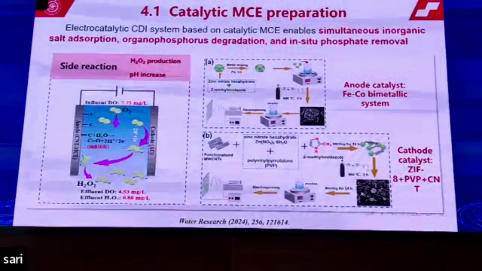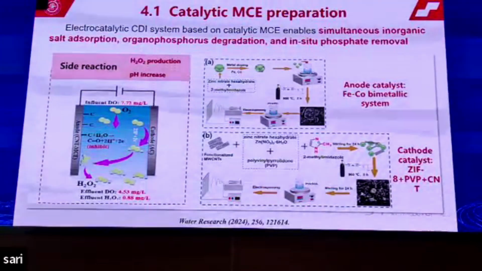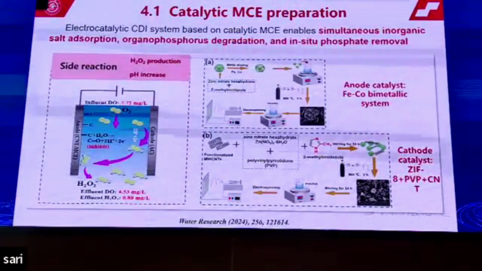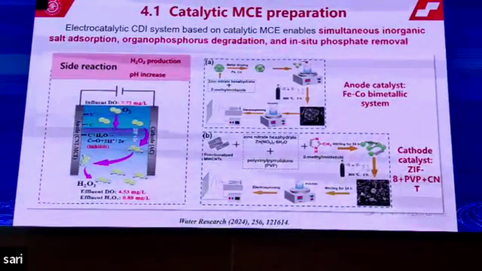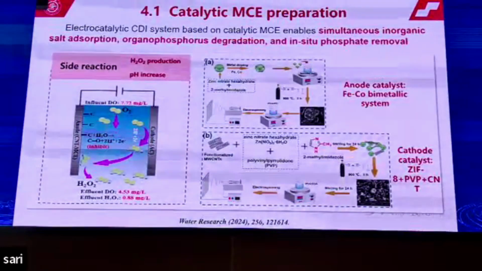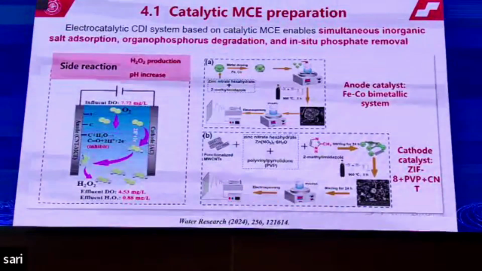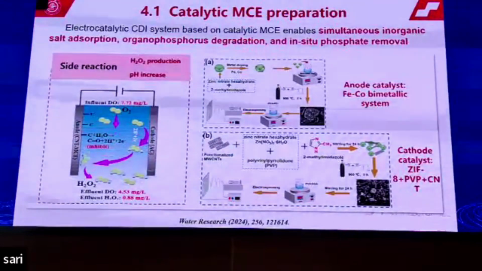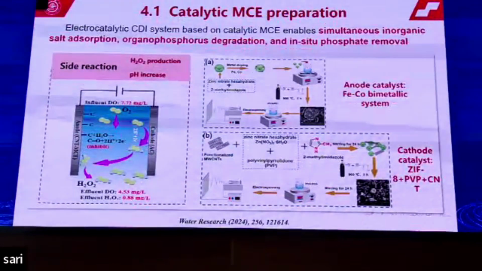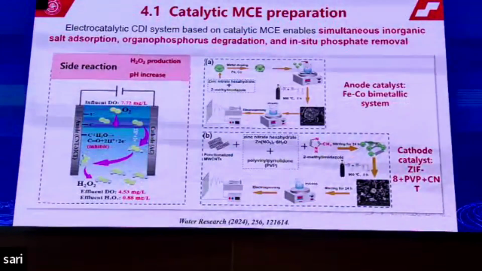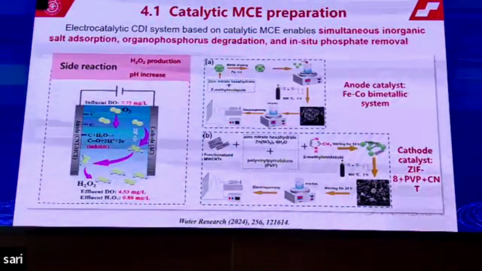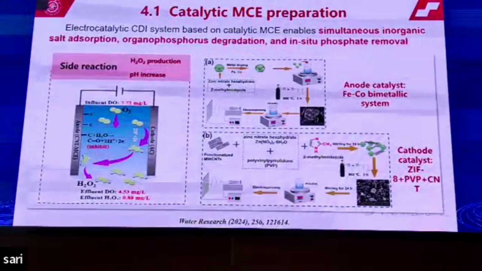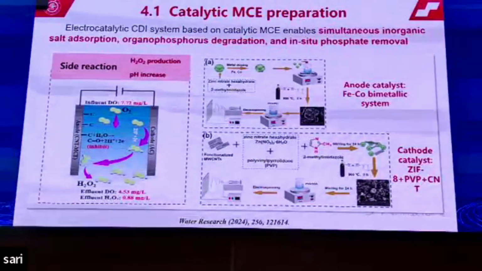As the H2O2 was produced, we want to know whether we can add some catalyst to directly convert it into the functional groups to achieve the degradation of the organic compounds. So in the anode, we added the bimetallic catalyst, and then in the cathode, we also added the catalyst, because we want to increase the production of the H2O2.